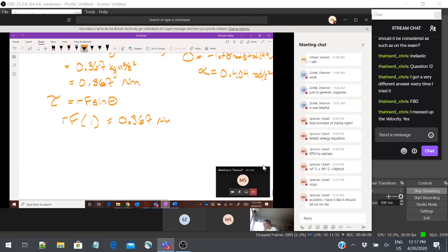Okay, R, what's R? 0.25. It is the distance from the axle to where the force is being applied.